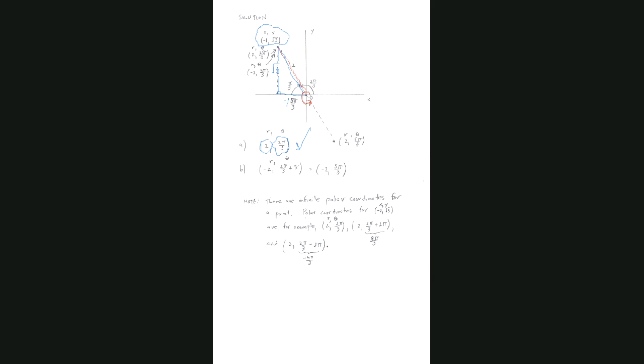Hence, the polar coordinate (-2, 5 pi over 3) gets you to the Cartesian coordinate (-1, √3), but with a negative radius. How many actually find drawing a little picture to be helpful to answer this kind of question?